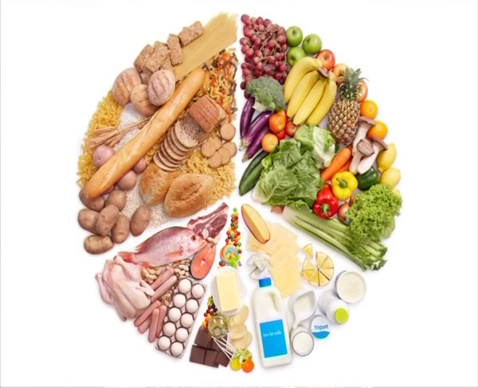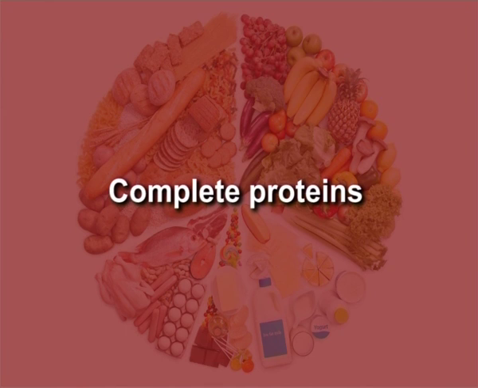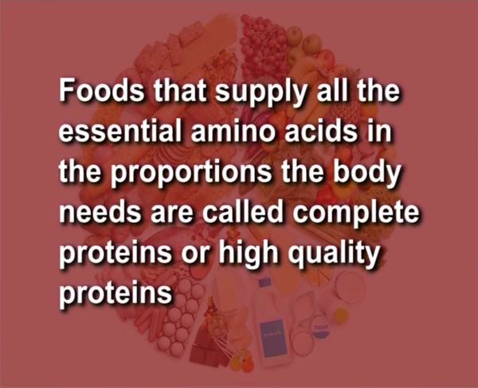Although both plant and animal foods contain protein, the quality of protein in these foods differs. Proteins can be divided into three types depending on quality. Complete proteins: foods that supply all the essential amino acids in the proportions the body needs are called complete proteins or high quality proteins.